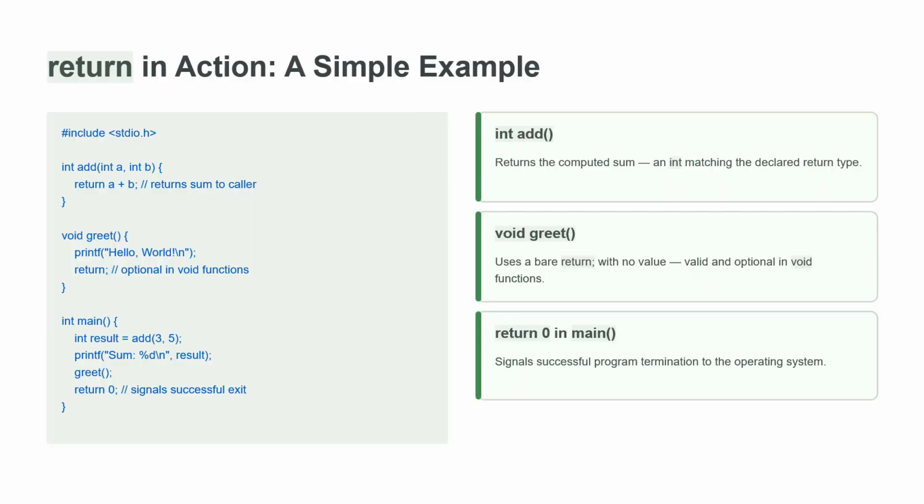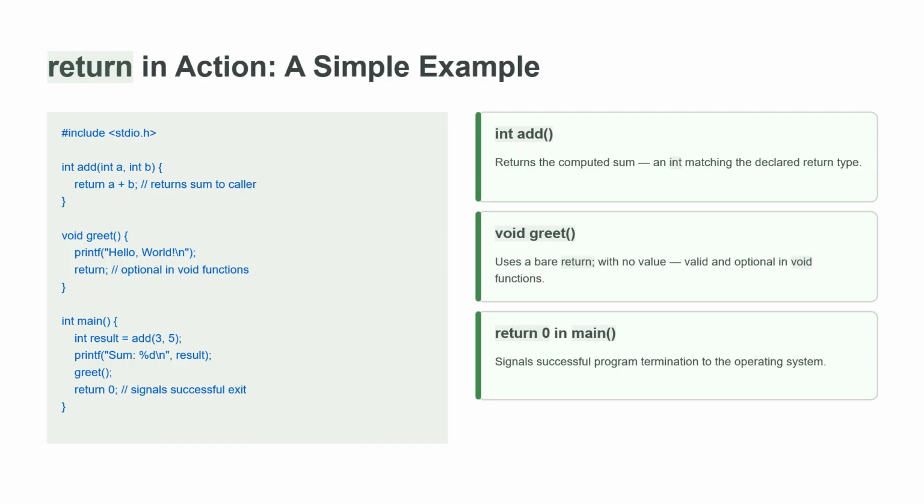So now we will go with an example for return. Here you can see a simple example. You will declare variables A and B and return A and B. For example, the caller can be sum, where sum is equal to A plus B. The next one can be greeting.